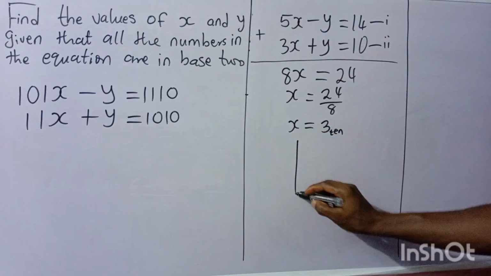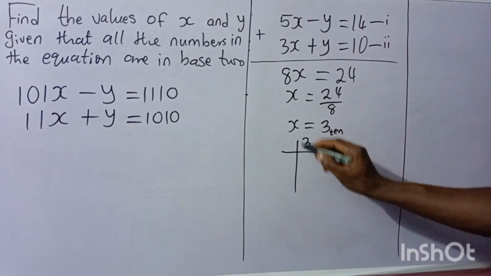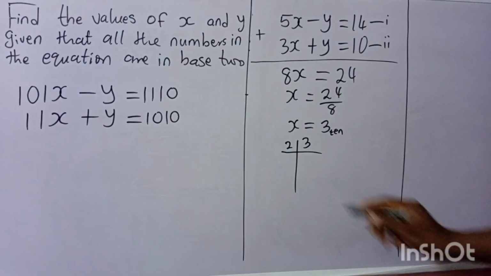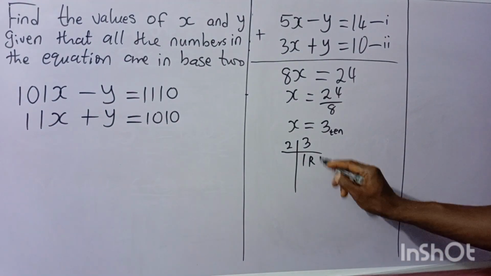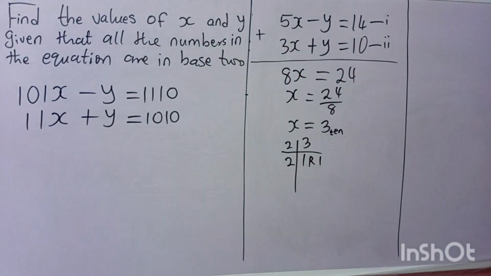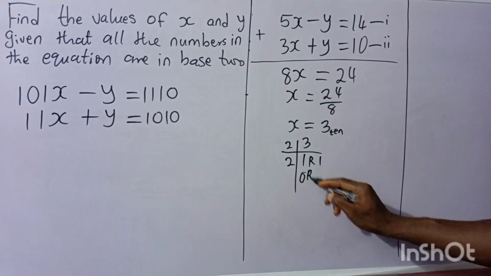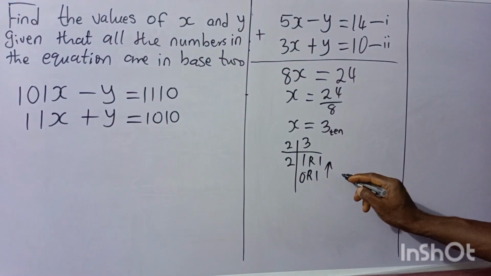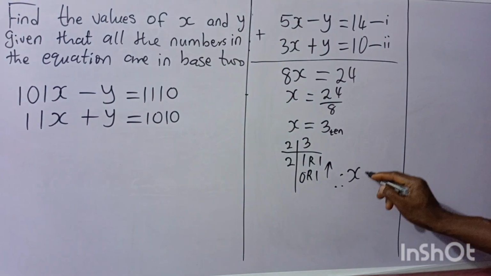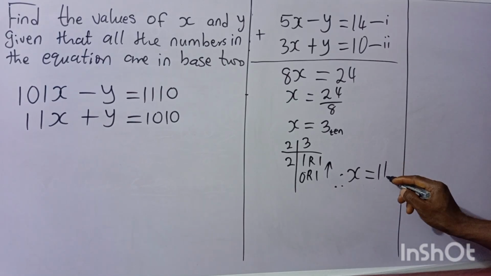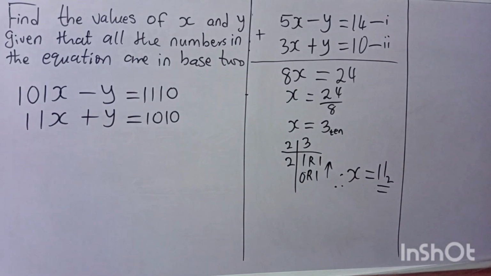So to do that, here is what we're going to have. 3. 2 divide 3 will give us 1 remainder 1. 2 divide 1 will give us 0 remainder 1. So what we'll now be having as the value of x will be 11 in base 2. So we've gotten the first variable, which is x.